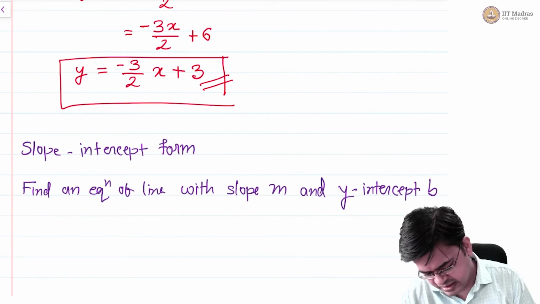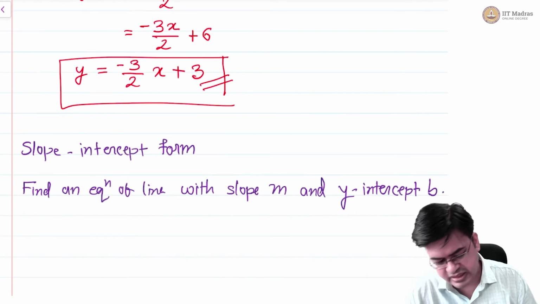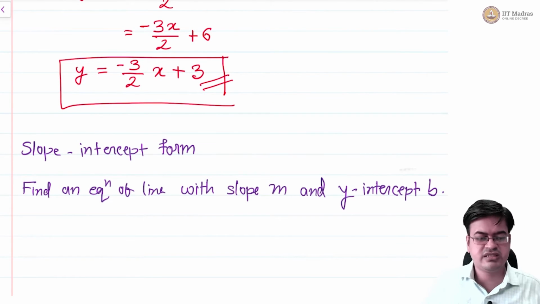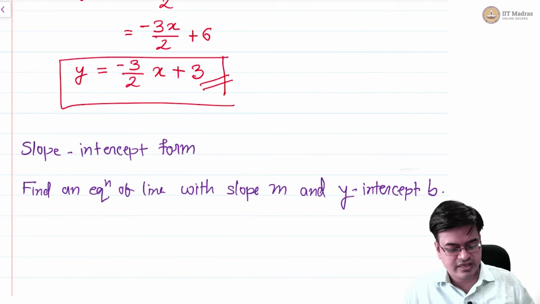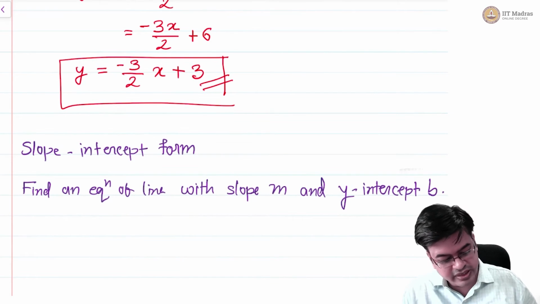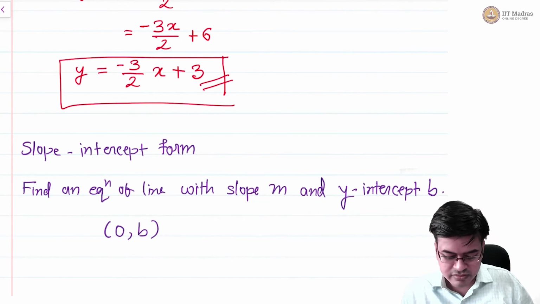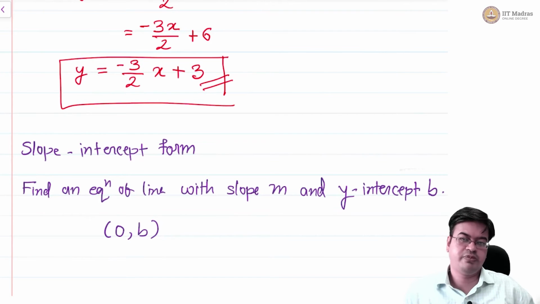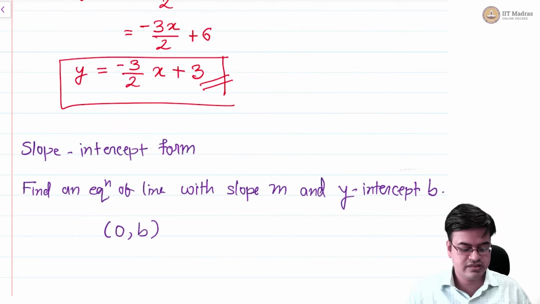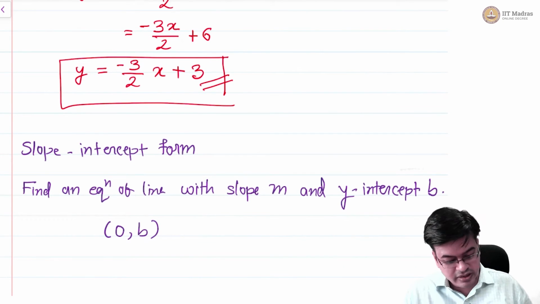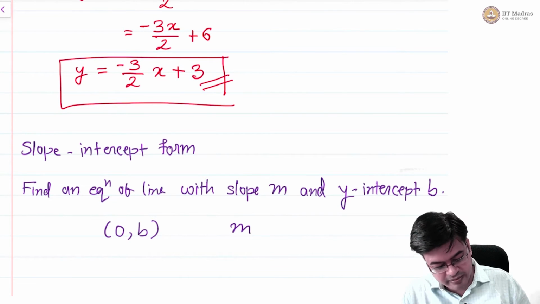So then it's just a matter of interpretation. It is again the slope point form only, but your calculations will simplify significantly. Because the y-intercept is b, you know the line passes through the point (0, b), because for a y-intercept of a line the x value taken is 0 and the y value taken is b. So (0, b), and it has slope m.